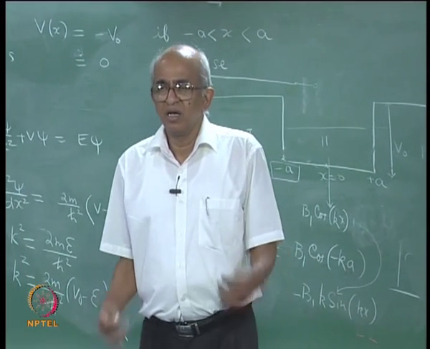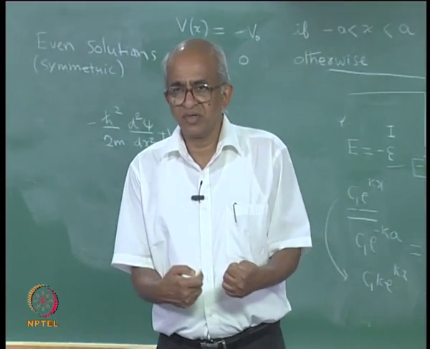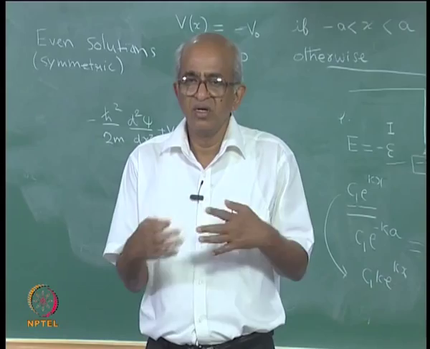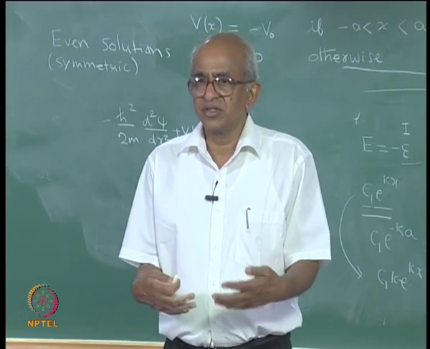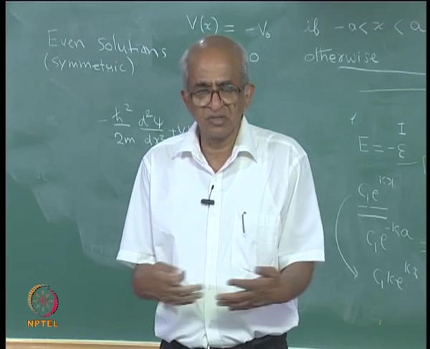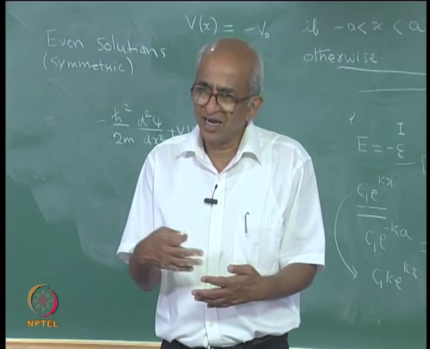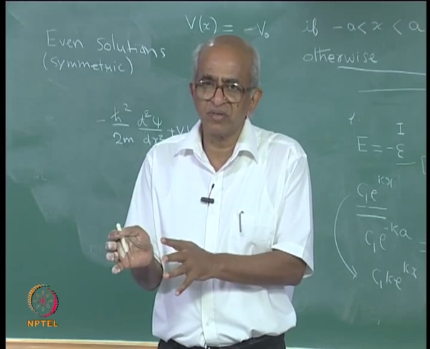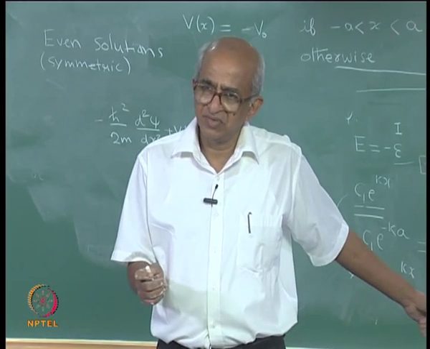If you are to get an acceptable solution, then this equation has to be obeyed, and it is clear that this will not be satisfied for any arbitrary value of epsilon. There are only certain values of epsilon which will satisfy that condition.